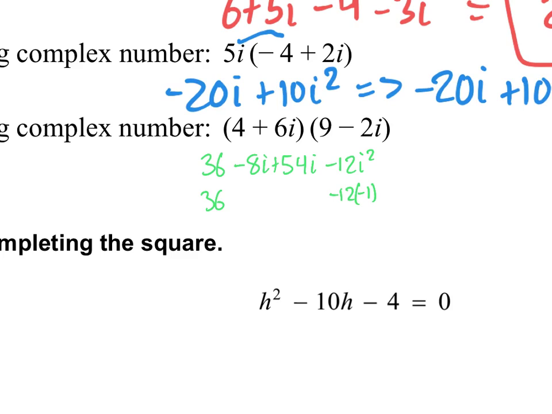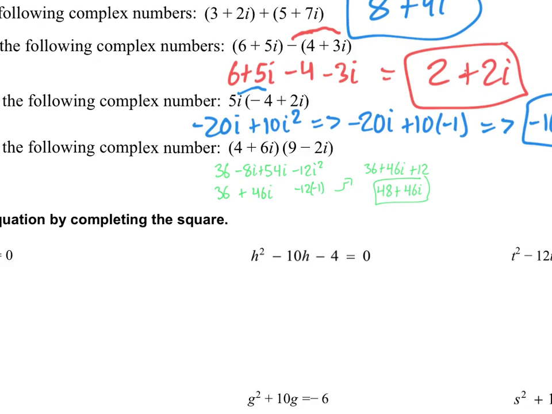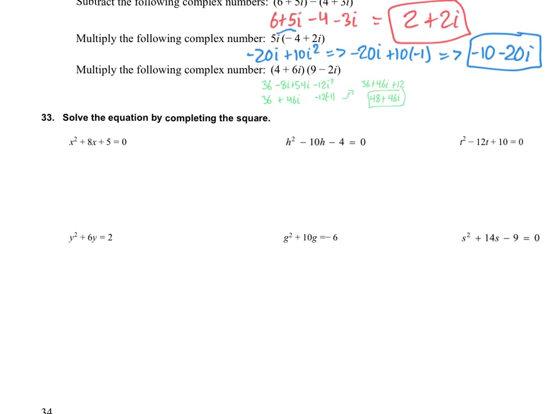You can combine these, so that's actually going to be plus 46i. And then change that to a +12. So I have 36 plus 46i plus 12. Combine these like terms, so I have 48 plus 46i. Pretty simple, right?